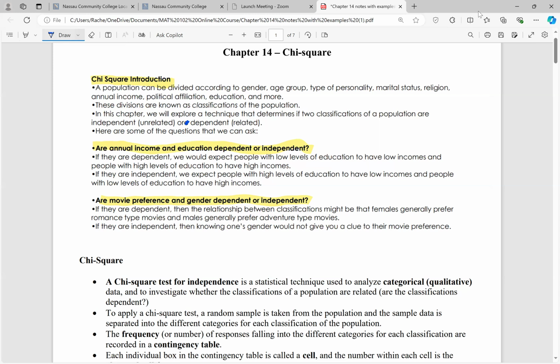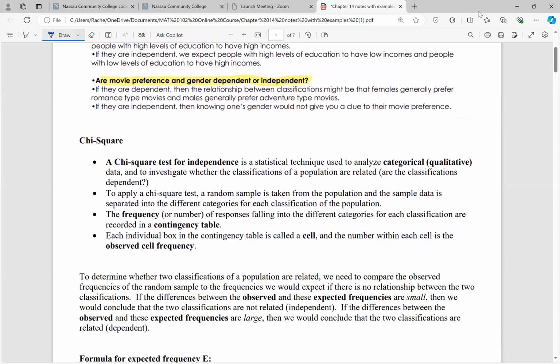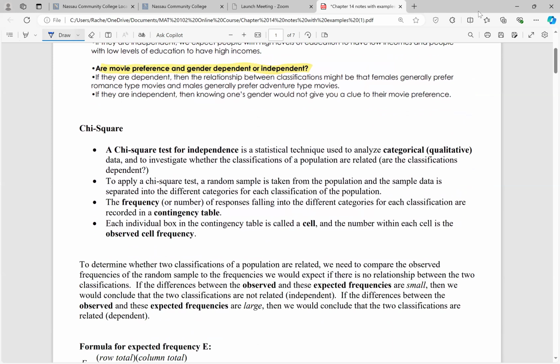So we're going to be looking at two variables, and I shouldn't say variables. We're going to be looking at classifications, and we want to know, is there some sort of relationship? And going into it, remember when we were doing hypothesis tests, whether they were on the mean or the proportion, the null hypothesis was always what we assume to be true, right?